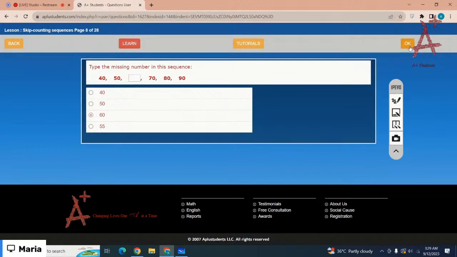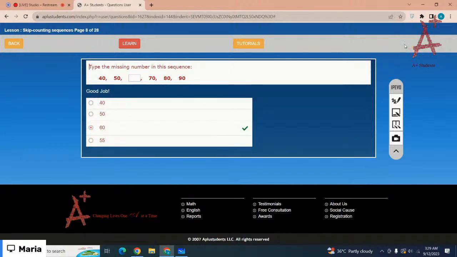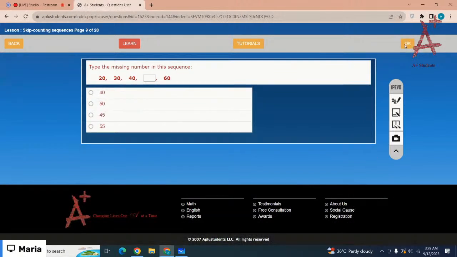You're counting, every time you skip by 10, it is 60. Type the missing number in the sequence 20, 30, 40, and the missing number, then 60. So which is the correct option?